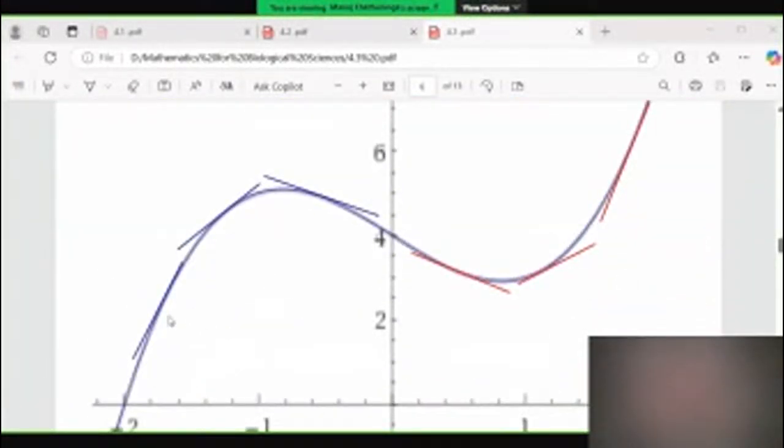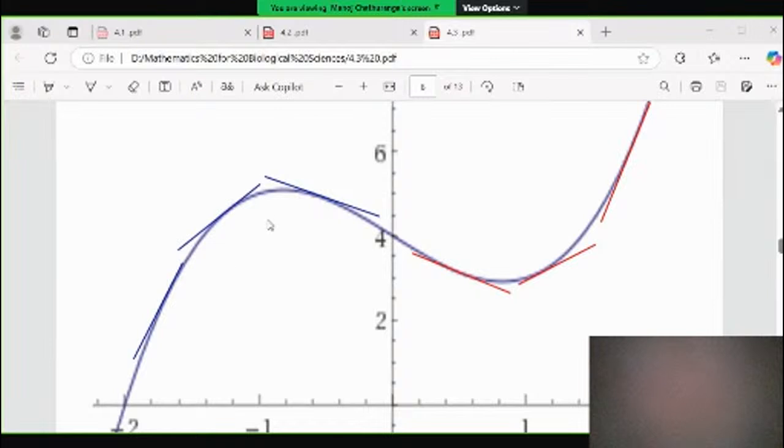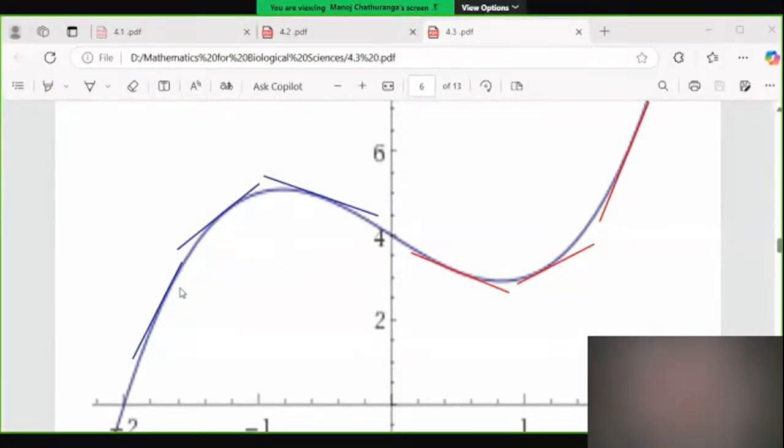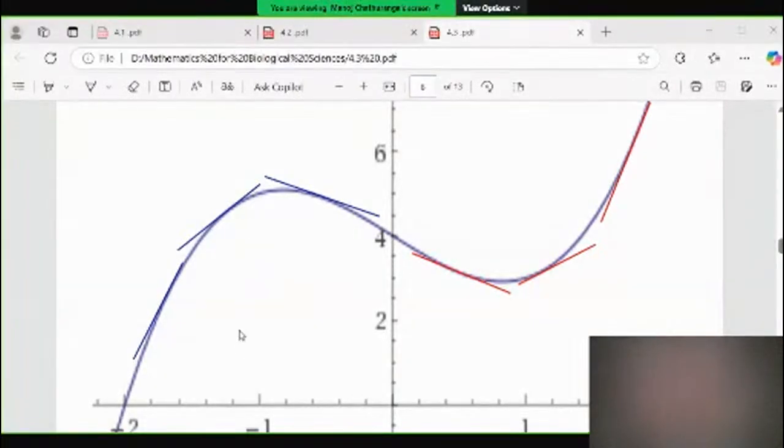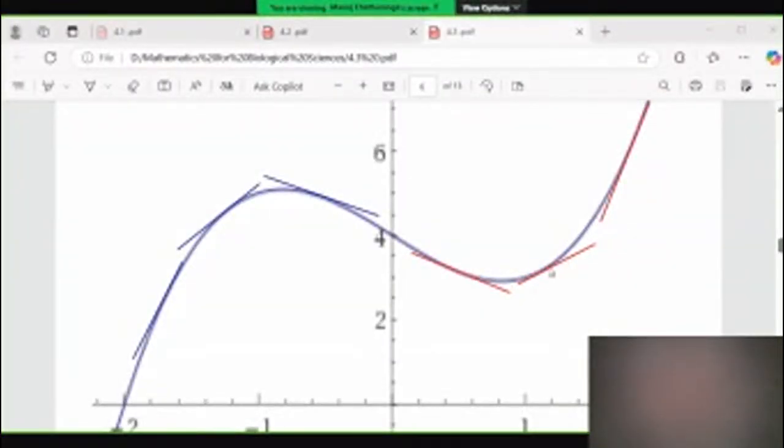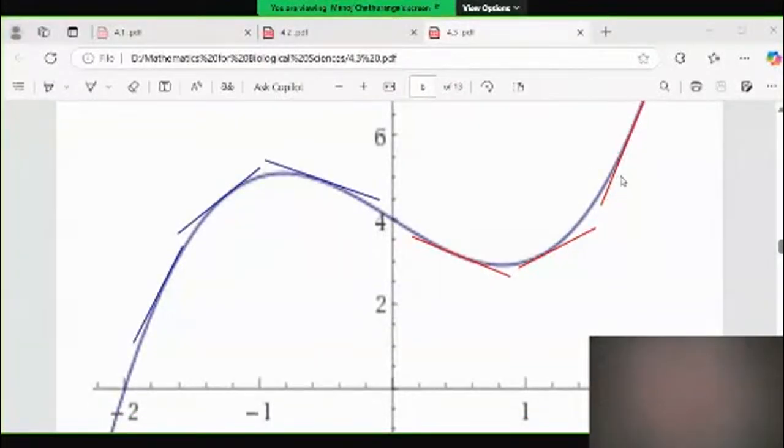So here you can see in this left hand side piece, the graph lies below its tangent lines and it is looking downward. In the next part, it lies above the tangent lines and it is looking up. So this second derivative must be positive.